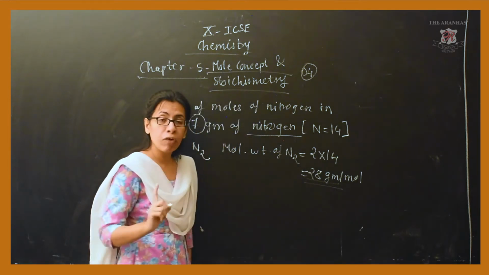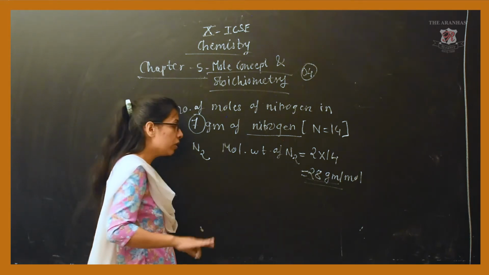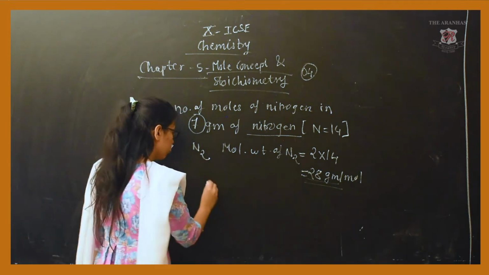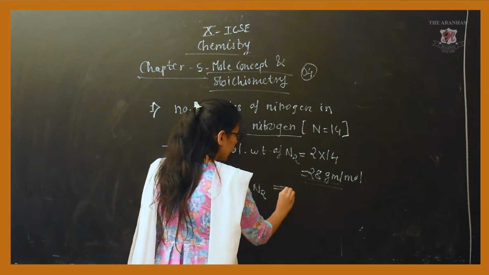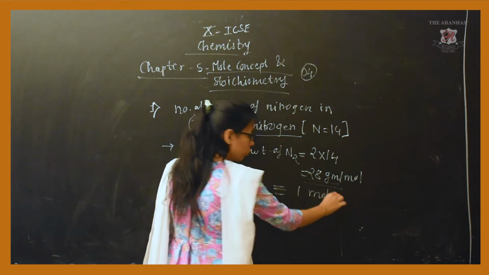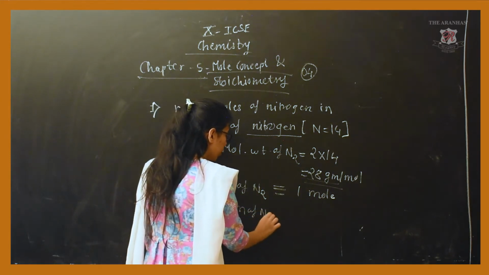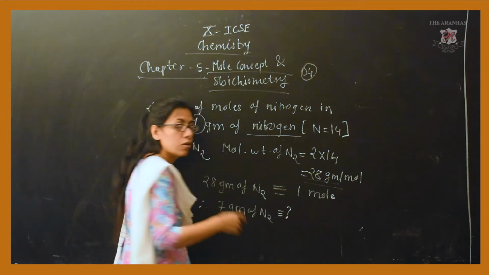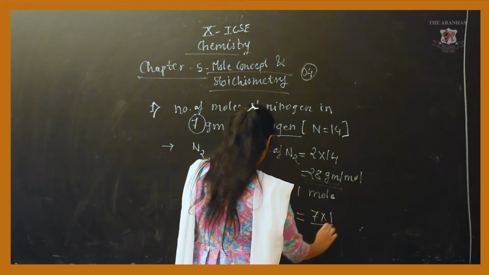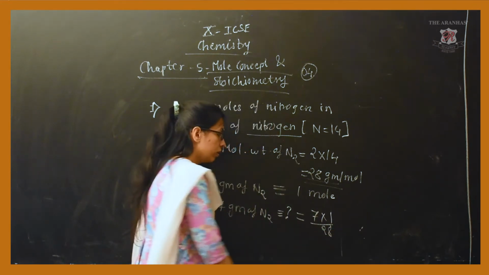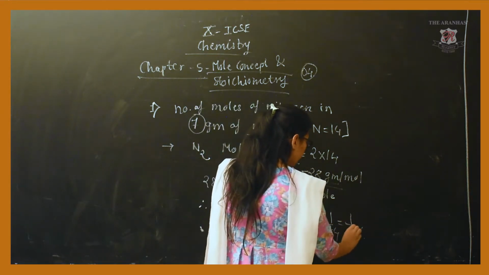So what do we have to find out now? 7 grams will contain how many moles? Very simple, just do the cross multiplication. 28 grams of nitrogen is equivalent to 1 mole, and therefore 7 grams of nitrogen is equivalent to how much? Just find 7 into 1 divided by 28. This becomes equal to, 7 4s are 28, 1 by 4.